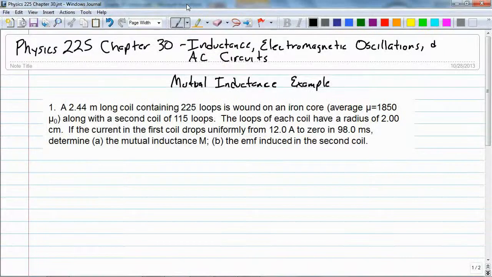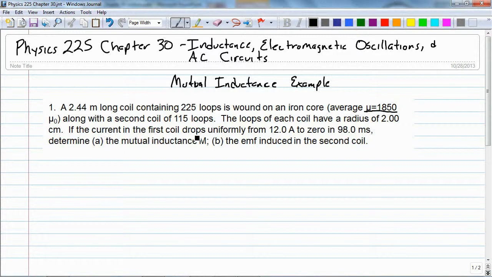Let's do an example of mutual inductance. So we have a 2.44 meter long coil, has 255 loops around an iron core, so we have a multiplication factor for our mu naught, and it's with a second coil of 115 loops, and they're wound around a radius of 2 centimeters.